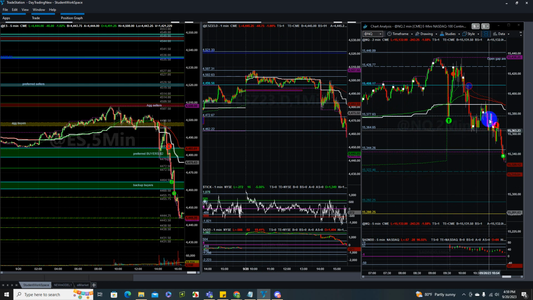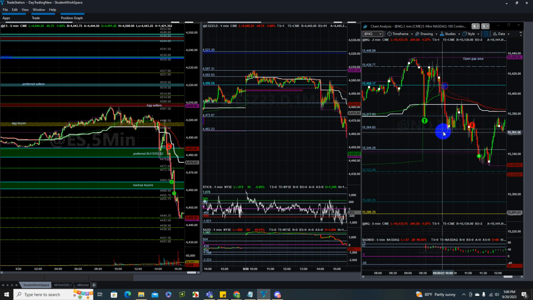That's the target, right? So one could have taken a trade after this down move, pop back up right here, which still comes with the risk. I wouldn't touch it.